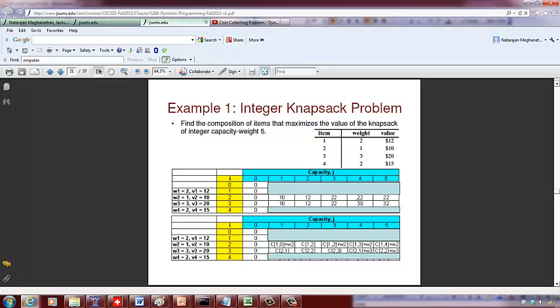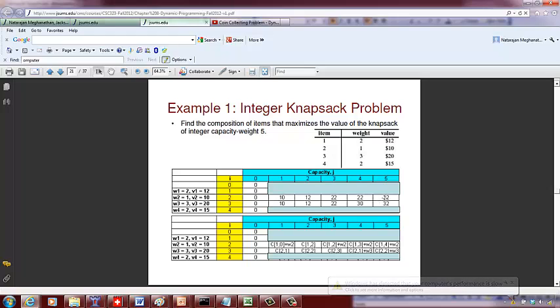Now what about this one? You compare this 22 with 3 columns to the left, which is this 10 plus a 20, which is 30. So you got it from adding C of 2 comma 1 plus this item 3. This is where we got it, right? 10 plus a 20, so C of 2 comma 1 plus item 3. Now what about this one?